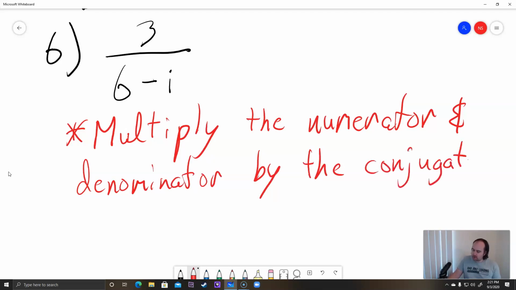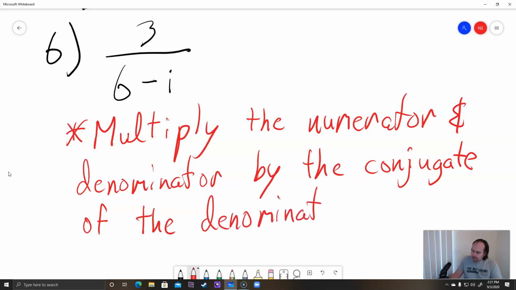That's a big word, I know, but we'll talk about what that means in just a second. So you multiply the numerator and the denominator by the conjugate of the denominator.